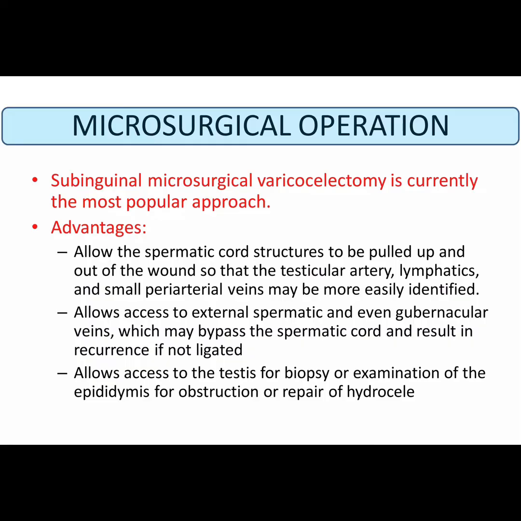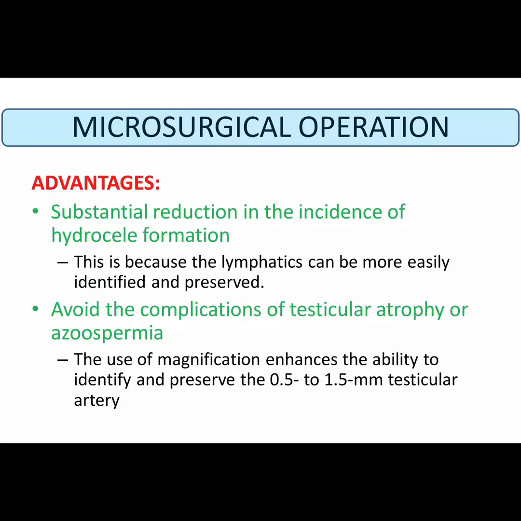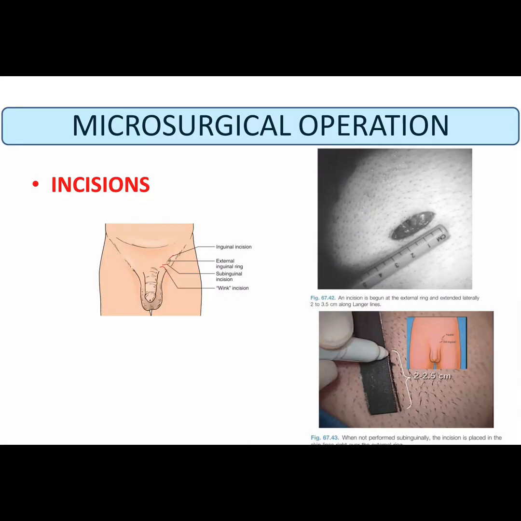This microsurgical procedure is the gold standard for varicocelectomy nowadays, as it facilitates artery and lymphatic sparing, has a high rate of success and a low risk of hydrocele, and the approach can be used if there is previous surgery in the inguinal region. But the disadvantage is that it is very time consuming and requires microscopic surgical skills.